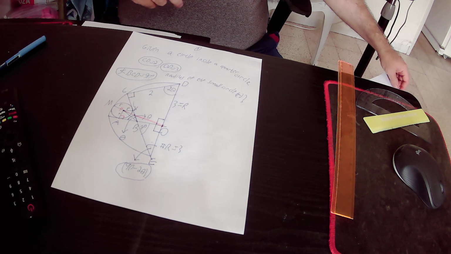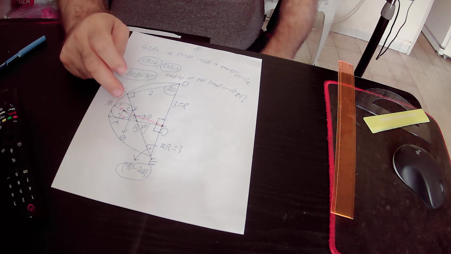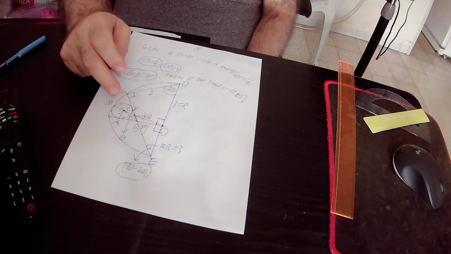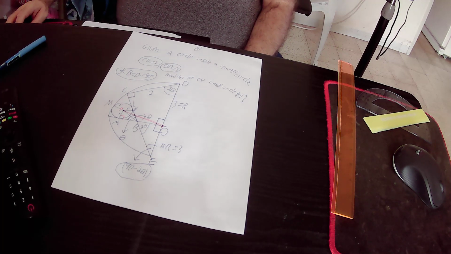So the radius of this small circle equals 0.75 units, or 3 over 4 units. Okay, thank you very much.